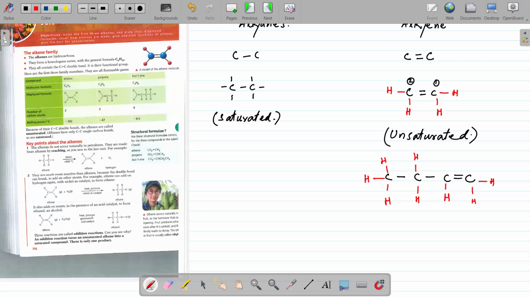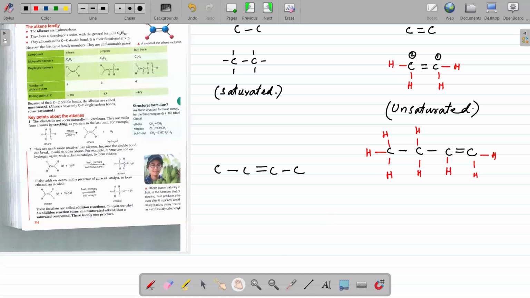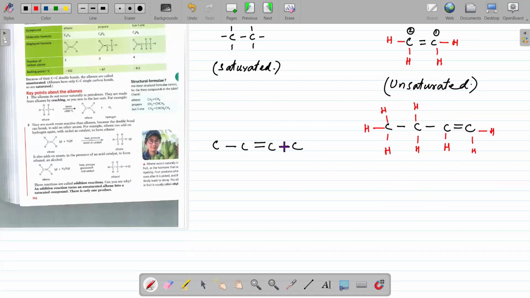Now, the same compound can be drawn like this. Four carbon atoms. Clear? And I am now placing the double bond at this position. So let's place the hydrogen atoms.